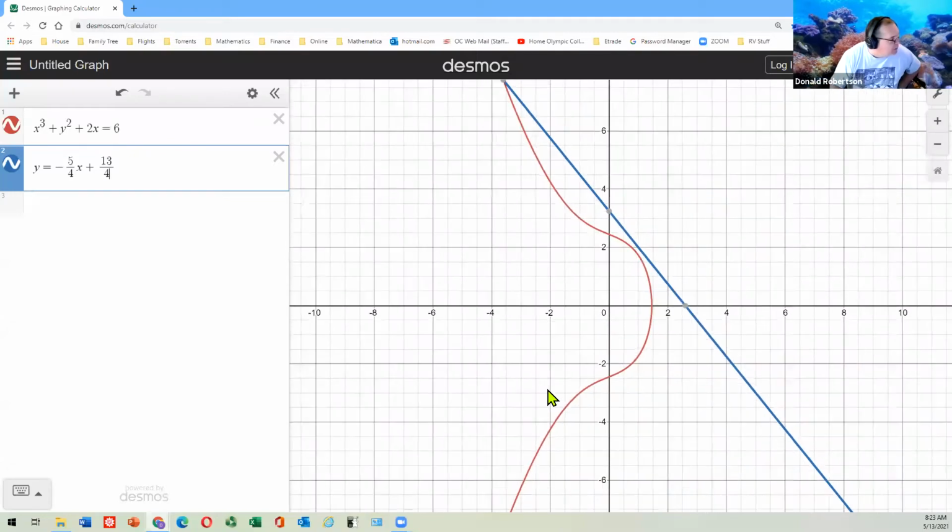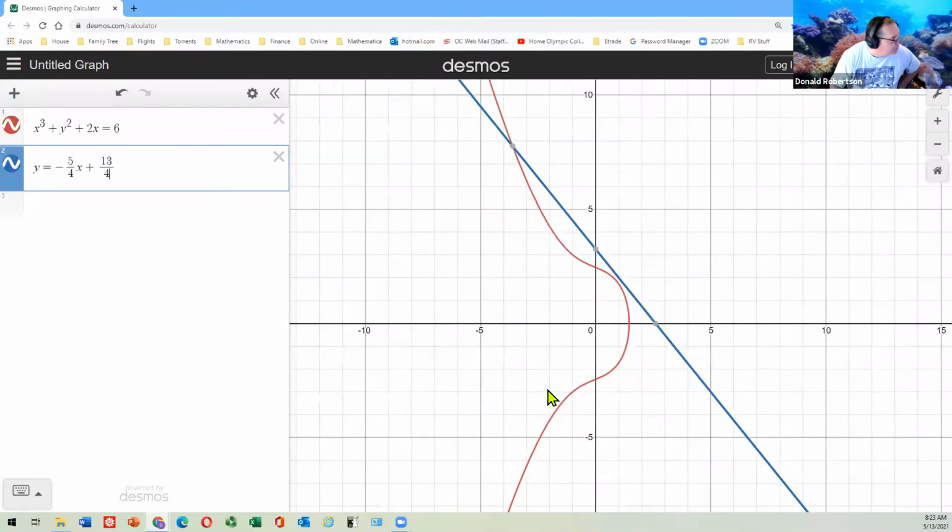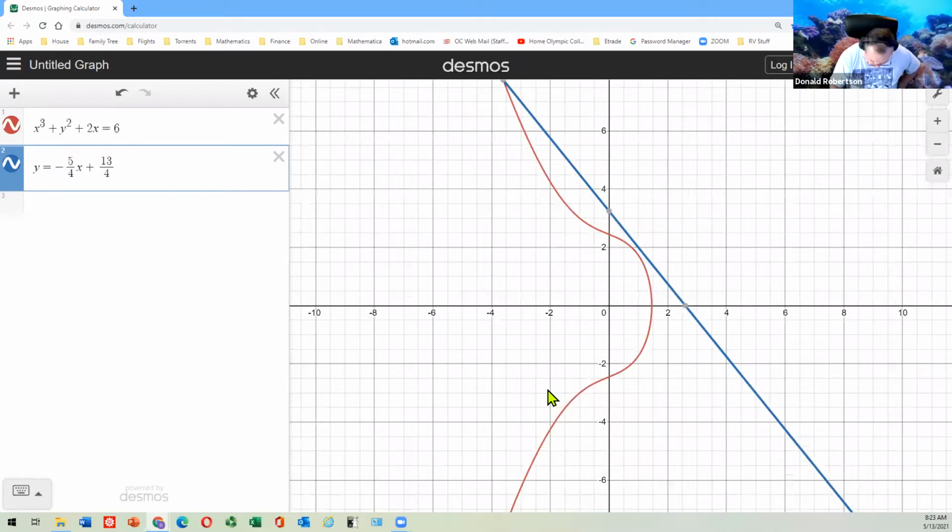Ooh, did I screw up? I screwed up. At the point 1, 2, which should be here. If you click it, it should tell you. But it's not a tangent line.